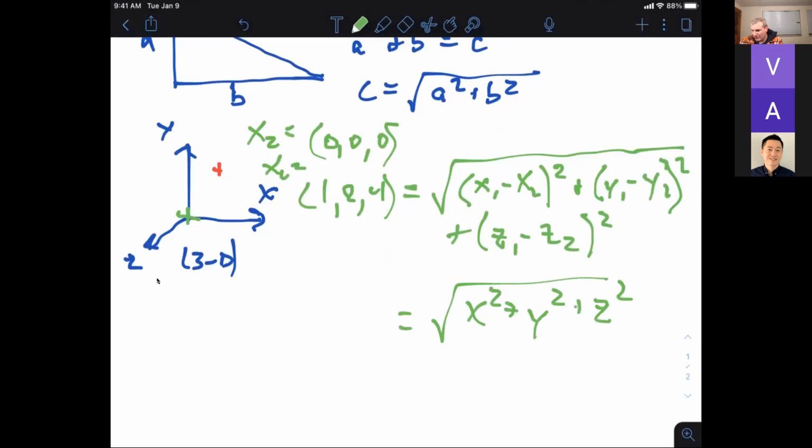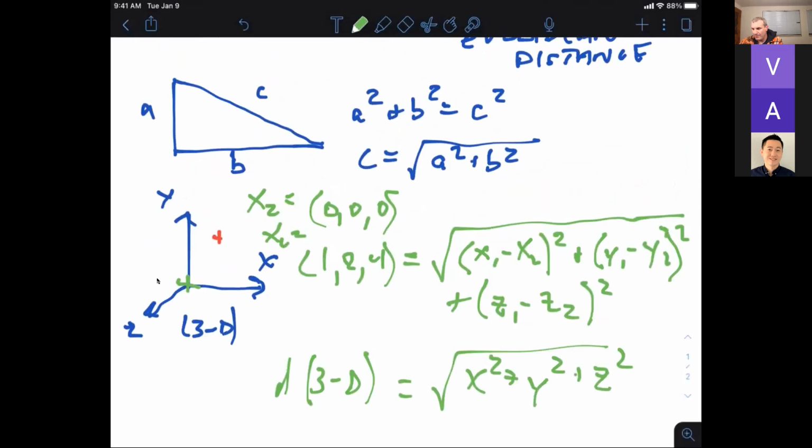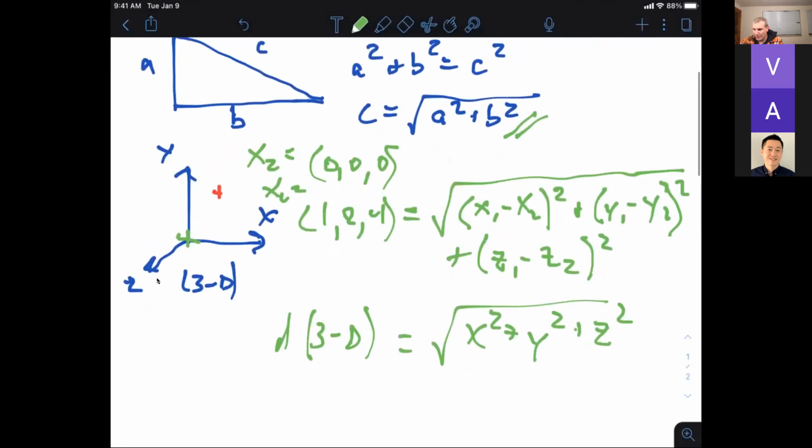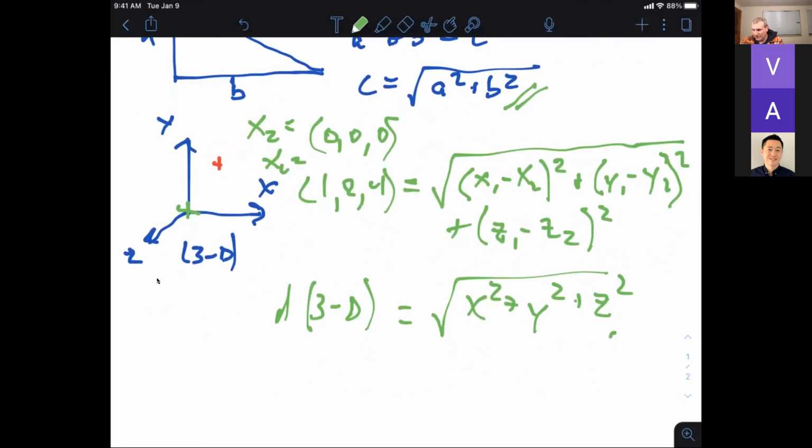So this is the distance formula in 3D space. There are proofs to go through, but if you just accept it, two-dimensional space is x squared plus y squared. Three-dimensional space is x squared plus y squared plus z squared.